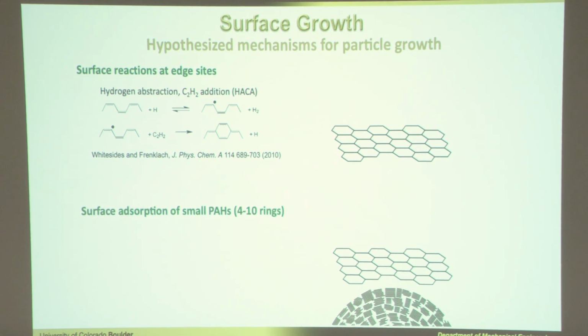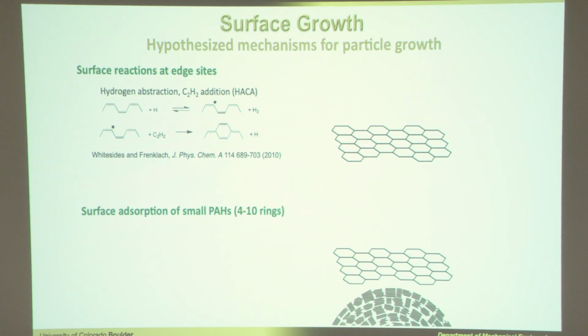So you basically grow the rings on these sheets on the surface. So you basically grow these sheets out. So you get these bigger and bigger conjugation lengths of the stuff on the surface. That's one way to add carbon to your particle.